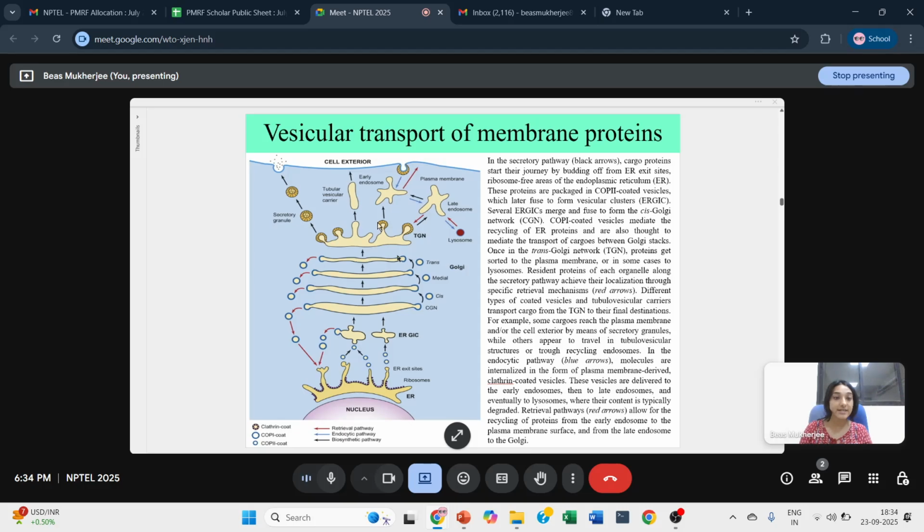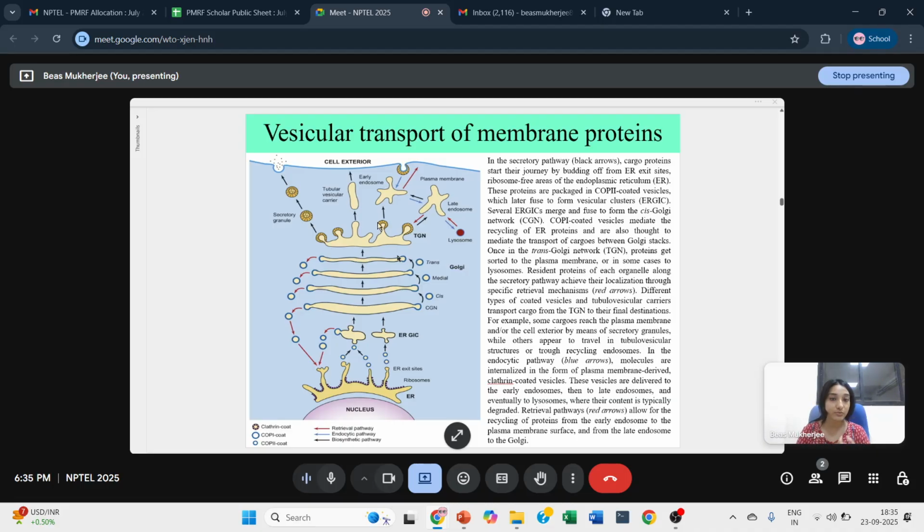Okay, and let's say that some protein is not folded properly. Now there are a lot of different checkpoints in this entire pathway. So if even after repeated trials the protein is misfolded, then it is sent for these degradation pathways. Okay, then what happens is their content is typically degraded.